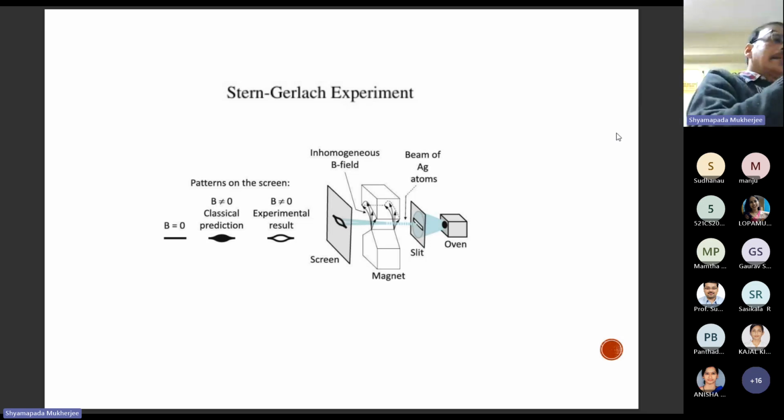Suppose there is a screen here, then I will get a split in this direction and this direction. So the result you get depends upon the measurement you are taking, either in this direction or in this direction. So the measurement plays a role in quantum mechanics. That is why we need mathematics and we need a measurement operator, and I have told you all this.